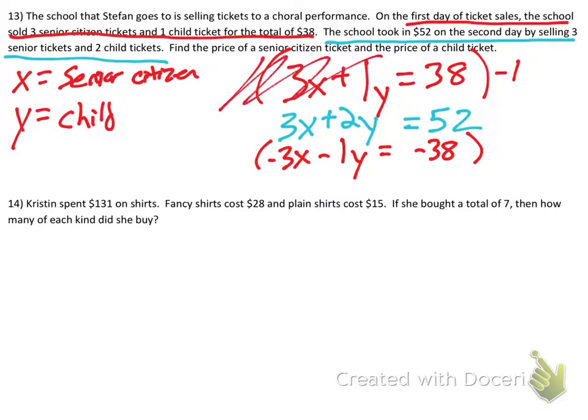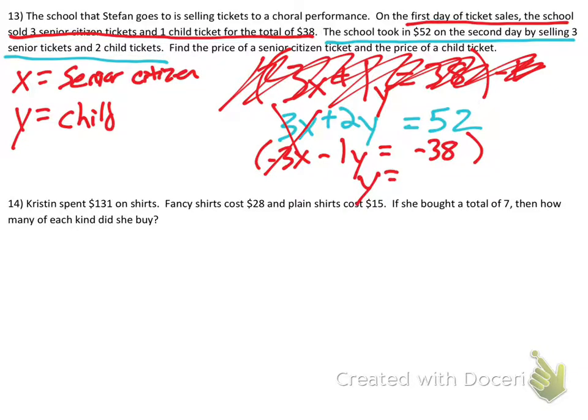I'm done with this top equation for now, and I know that the 3x's are going to cross out. 2y minus 1y is just going to give you y, and then 52 minus 38 is 14. So now I know that y, the child's ticket, is going to be $14.